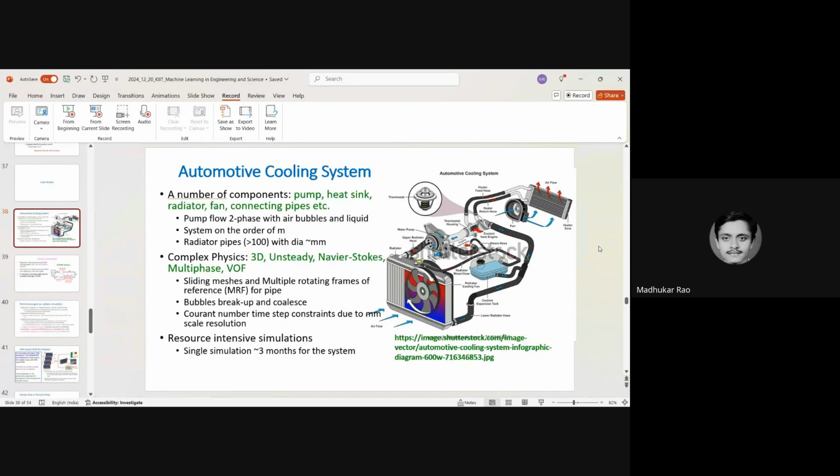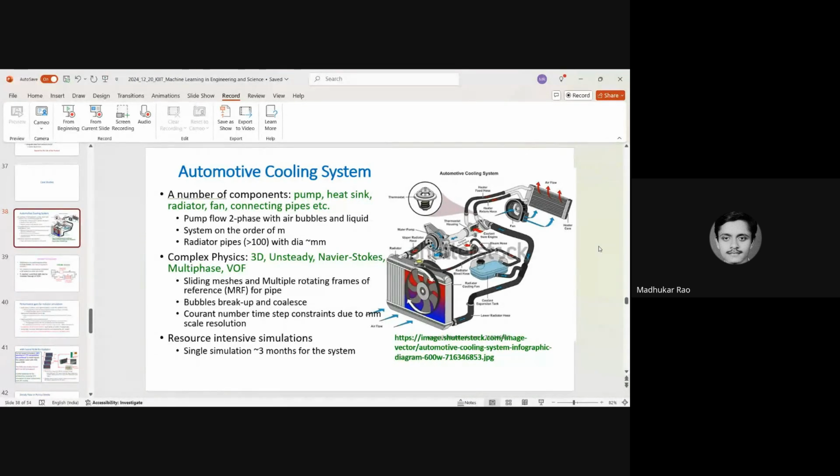And what happens is when it is being filled with coolant, sometimes you have air bubbles stuck in different places of the system, and this causes a performance loss during operations. So they were doing CFD studies of coolant filling, which is basically a multi-phase volume of fluid approach with sliding meshes and multiple rotating frames of reference for the pump.